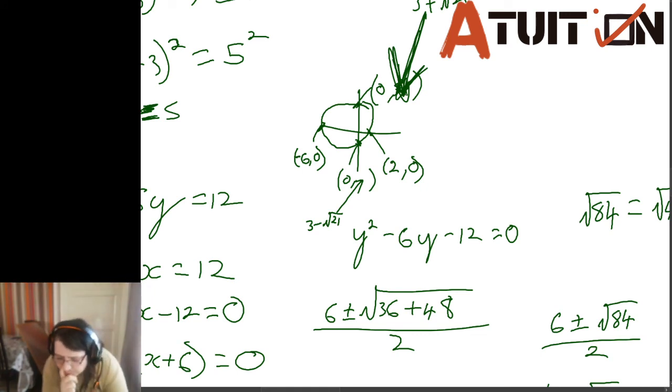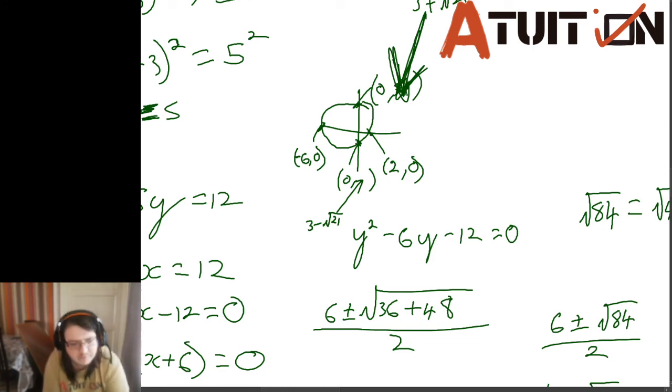So if you want the x and the y intercepts for a circle, you need to bear in mind that on the x and the y axis, the other coordinate is going to be equal to 0. So you just substitute 0 in for x and y individually, one at a time, solve for each of them, and you'll get all the x and the y intercepts.